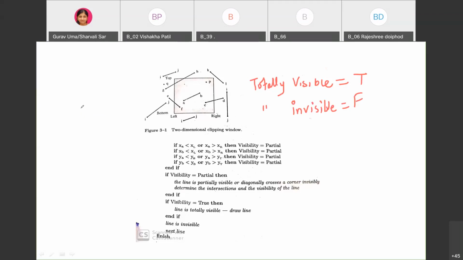Now in the partial lines, see the first point: if XA is less than XL or XA is greater than XR. Now tell me where the line will be.